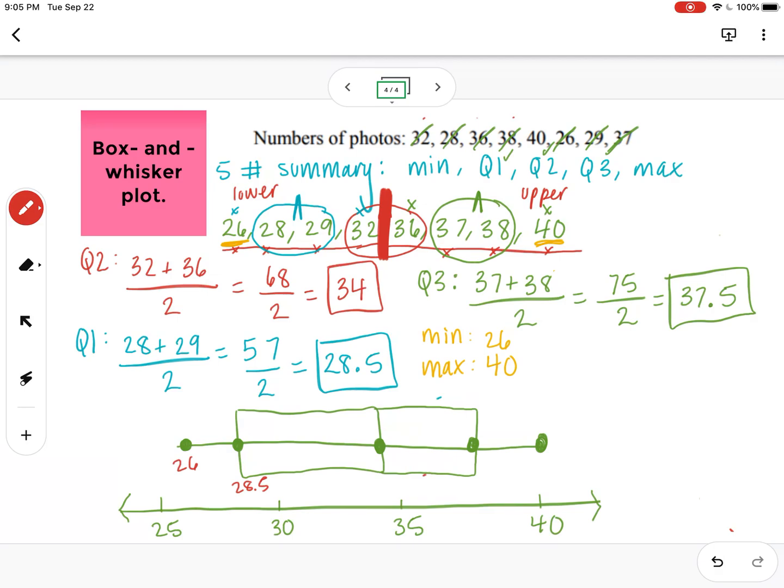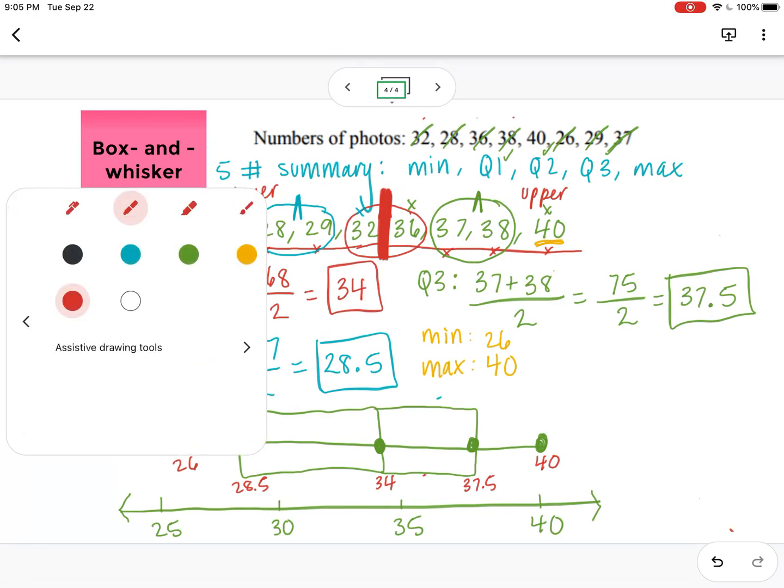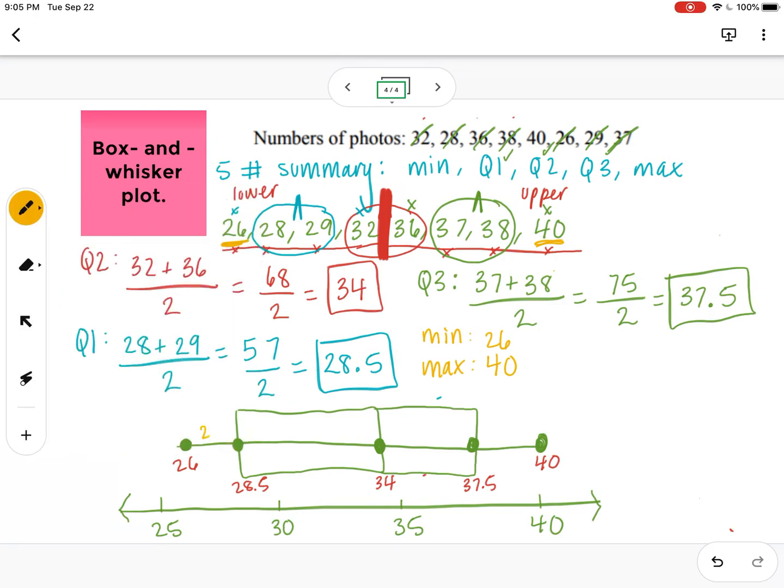Our quartile 2 or median was 34. 37.5 was our quartile 3, and 40 was our maximum. So what I want you to remember is that each section from dot to dot represents 25% of the data from this set. So each place from dot to dot represents 25% of this set. So if you were ever asked to answer questions about a box and whisker plot, just know that.